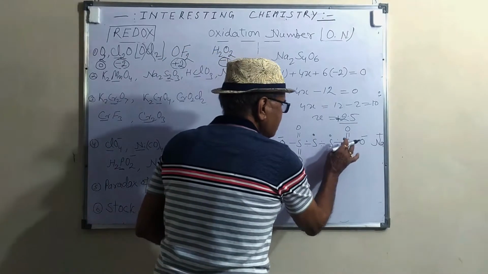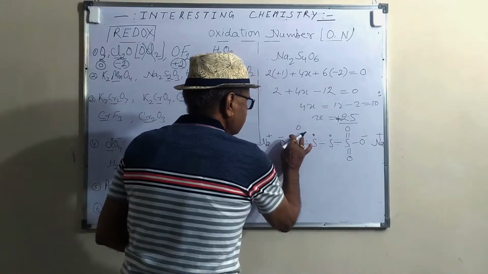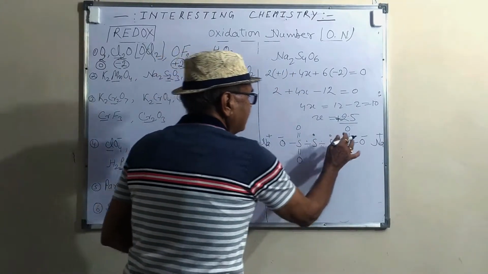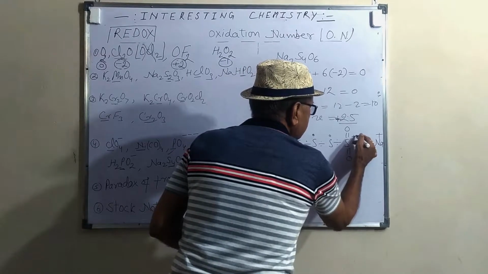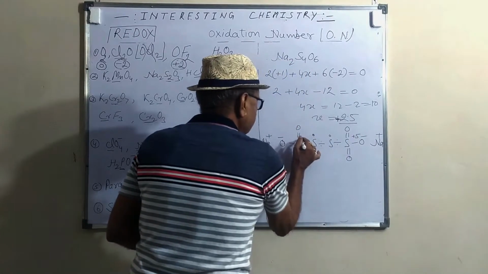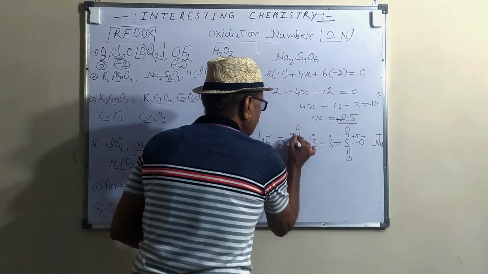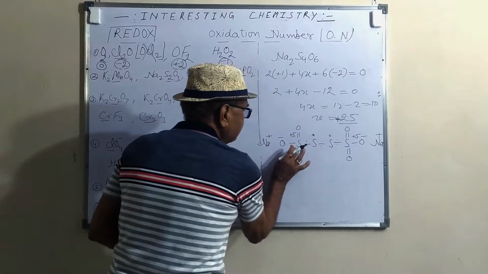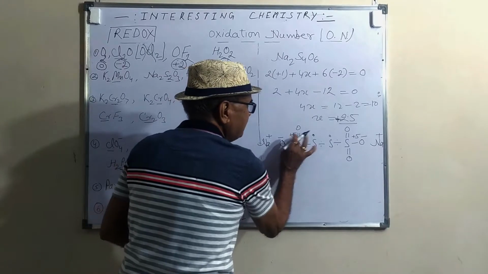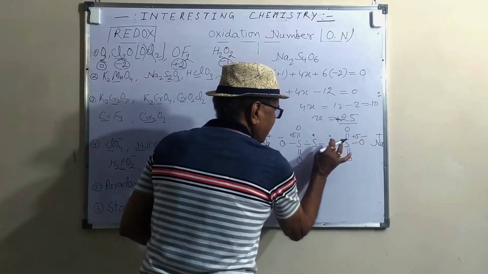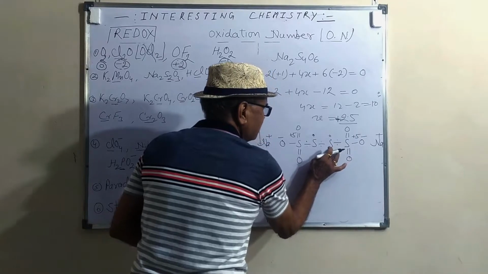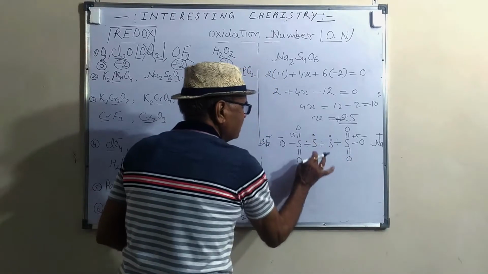Now this is SO3 and this is SO3. There are this S and this S. The oxidation number of this sulfur is +5, and the oxidation number of this sulfur is +5, and the oxidation number of this sulfur is 0, and this is also 0.